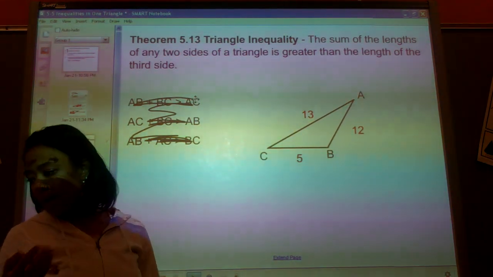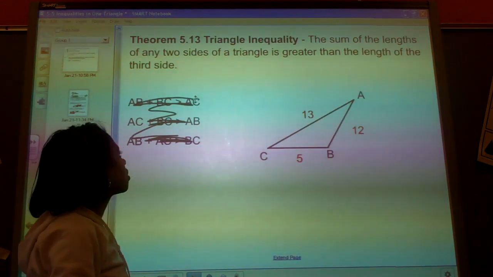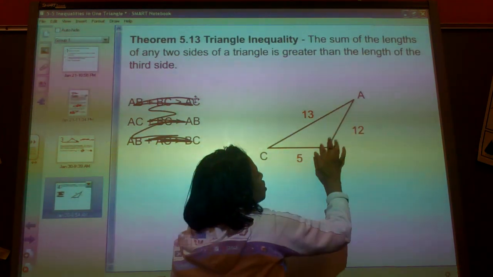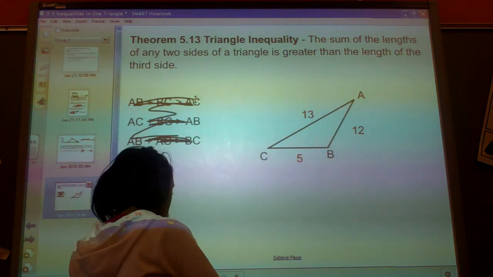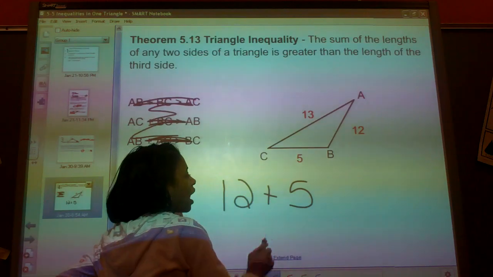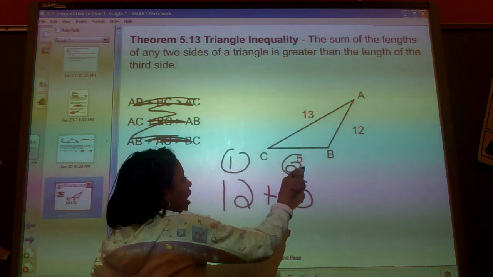On triangle ABC, in order for this to be considered a triangle, if I look at two sides, let's just say I look at AB and BC, or in other words, the 12 plus 5 side, I'm picking one side and I'm picking a second side.